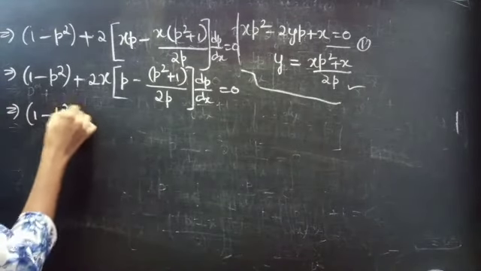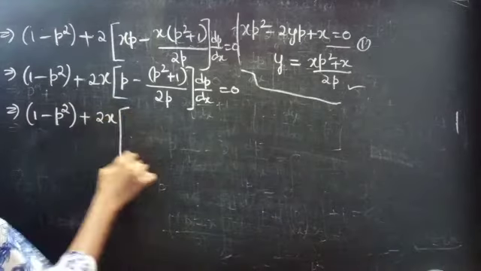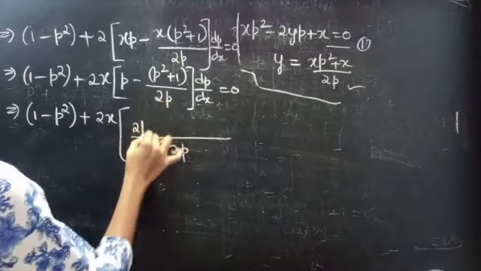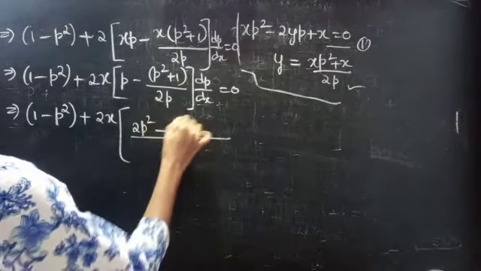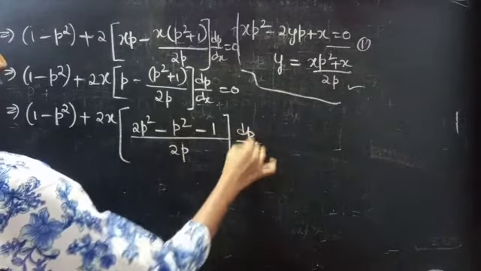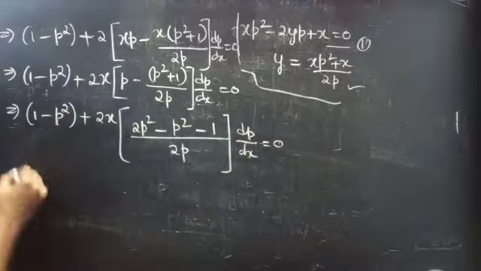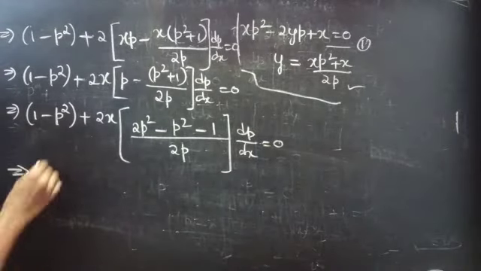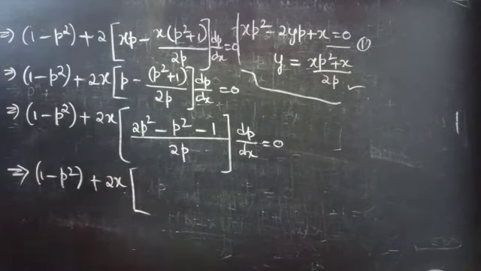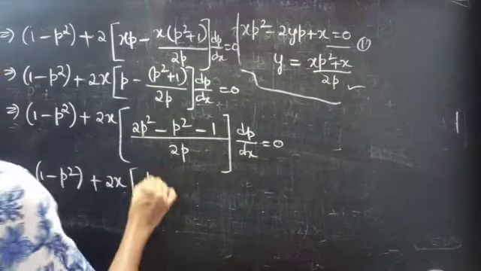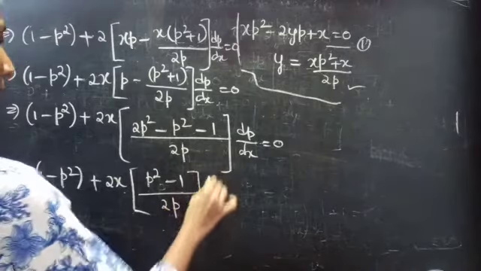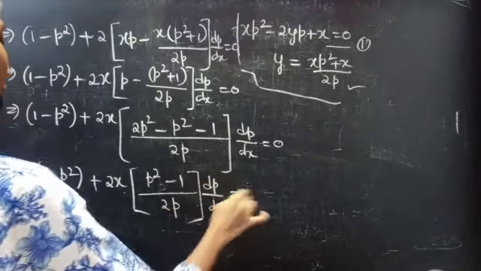Then 1 minus p square plus 2x into, take LCM, the numerator will be 2p square minus p square minus 1, into dp by dx equals 0. Then 1 minus p square plus 2x into (2p square minus p square is p square minus 1) by 2p into dp by dx equals 0.